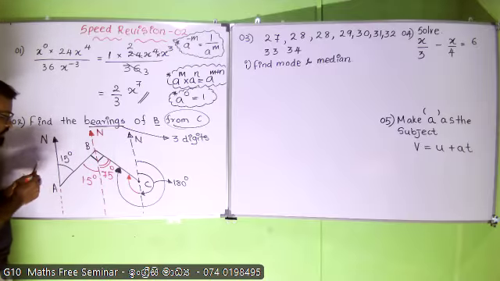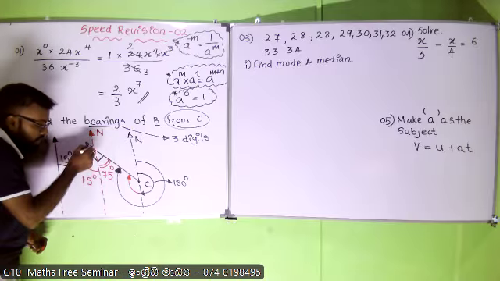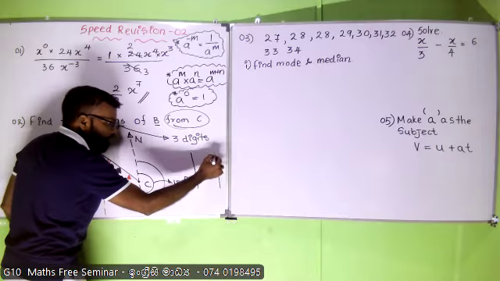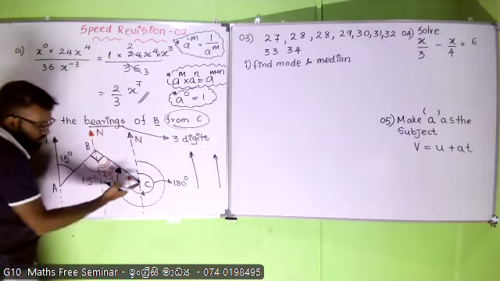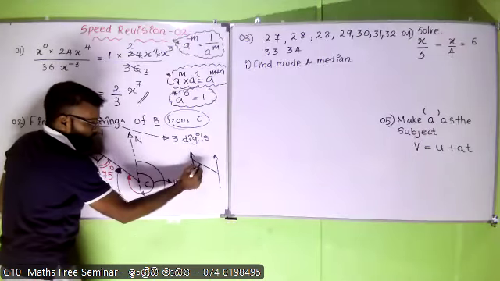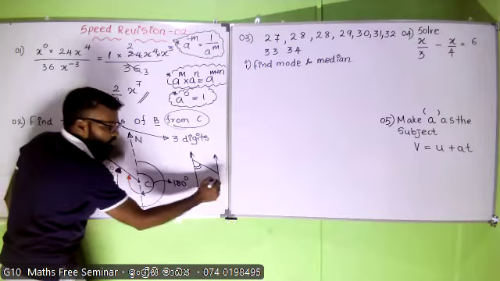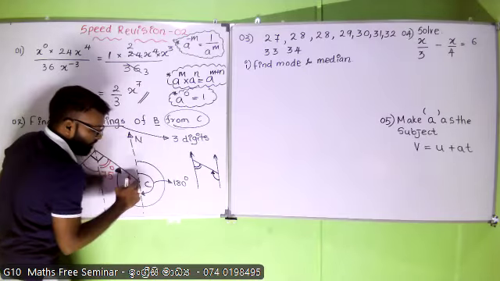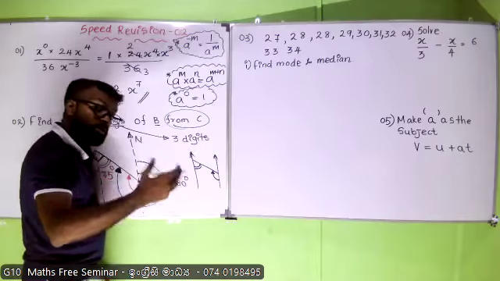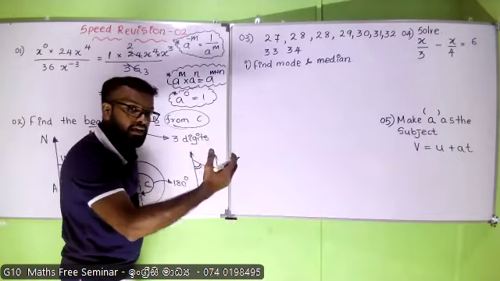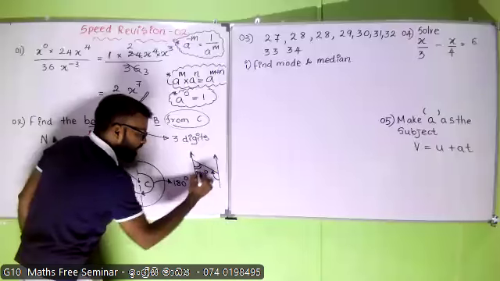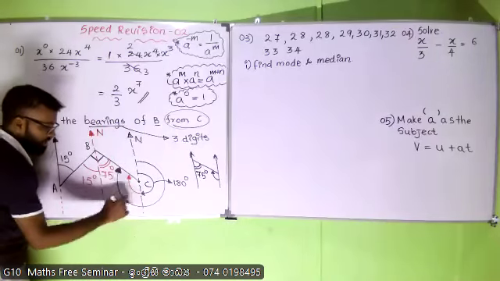Now, this angle, again two parallel lines with a transversal. This is 75. You need to find this angle, whether you call it co-interior or allied angles. I will take this angle as x.